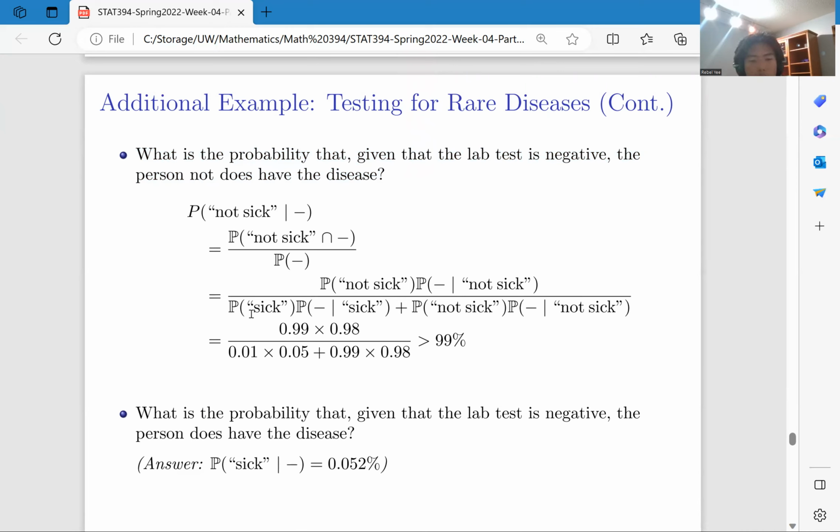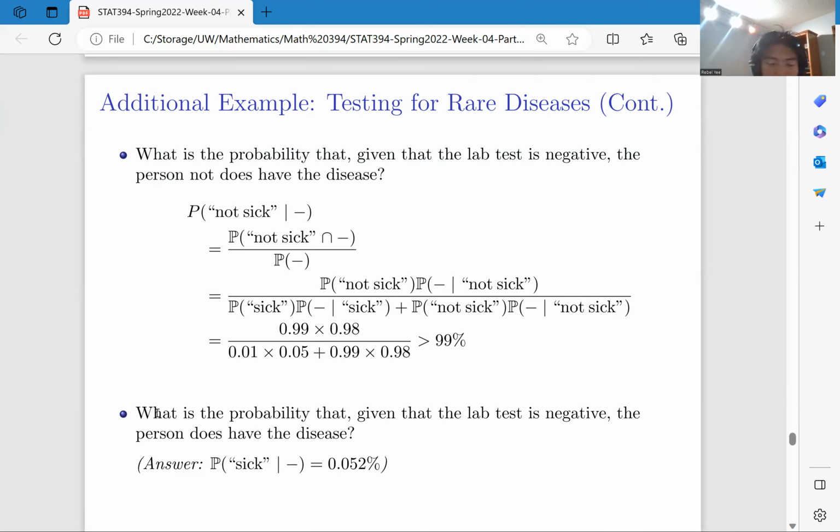First of all, we calculate all of the negative cases as the denominator, and we pick out the negative case given not sick, so this entire term, as our numerator. 0.01 times 0.05 plus 0.99 times 0.98. This is very close to 1, so it's definitely greater than 99%.